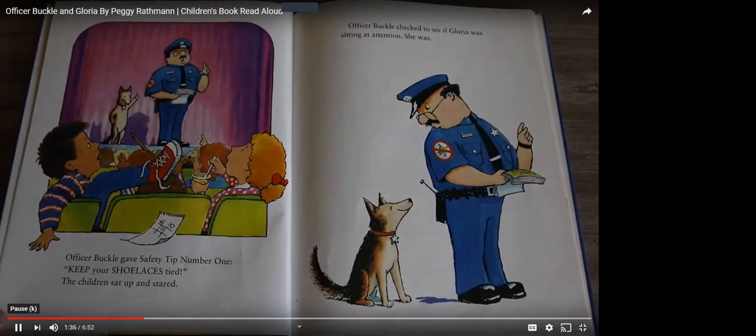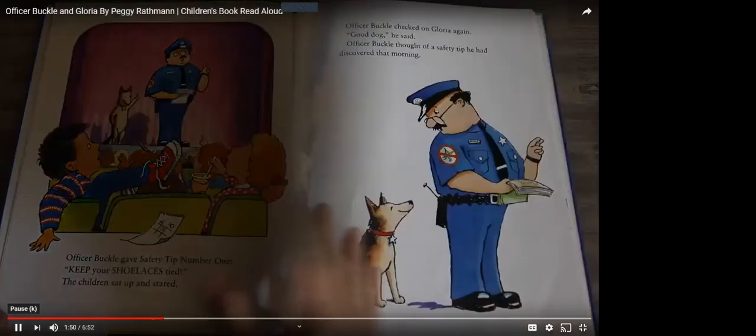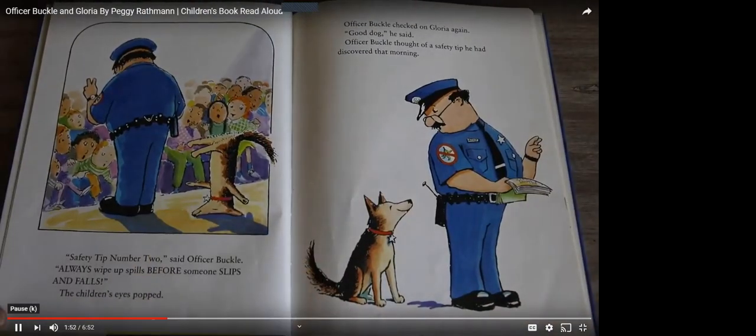Officer Buckle gave safety tip number 1. Keep your shoelaces tied. The children sat up and stared. Officer Buckle checked to see if Gloria was sitting at attention. She was. Safety tip number 2, said Officer Buckle. Always wipe up spills before someone slips and falls.